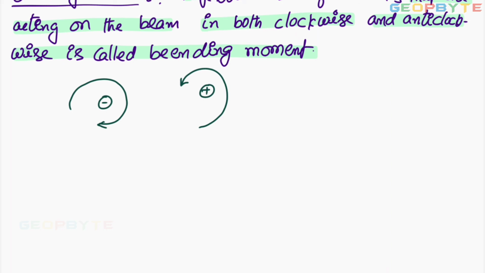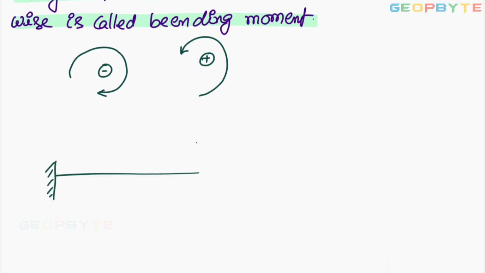Let us take the beam like this, and a load is acting at this particular point. Let that be W, at a distance of L from the fixture.